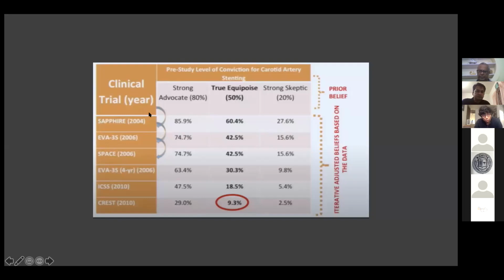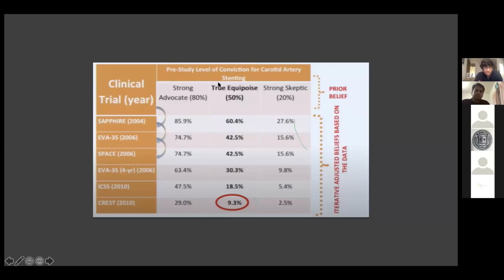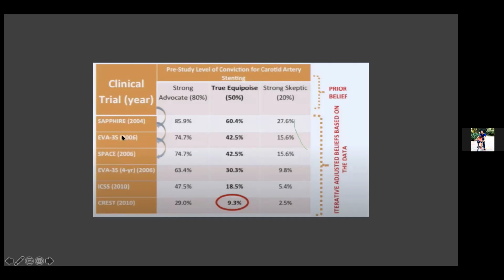So let's say you go in as either a strong advocate for stenting, or as a strong skeptic, very suspicious of stenting. Or for whatever reason, you are at true equipoise, which means you are undecided whether the patient should be subjected to stenting. What happens as you gather evidence from all these trials?